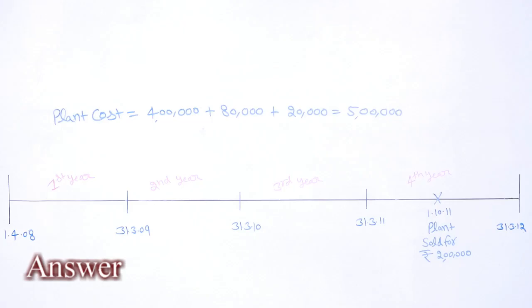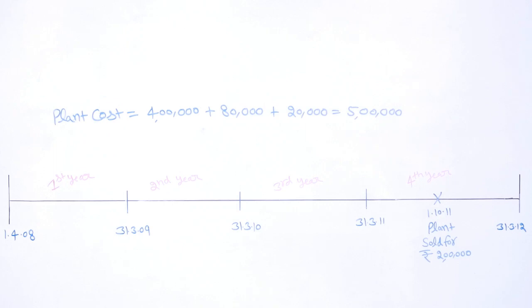Now come to the answer. We make a timeline of the question. On 1st April 2008, X Limited purchased a second-hand plant of rupees 4 lakh. So now we are calculating the total cost of the plant. 4 lakh rupees paid for the second-hand plant, plus the company paid 80,000 rupees for overhauling expenses, which is a type of inspection charge, plus 20,000 rupees for installation.